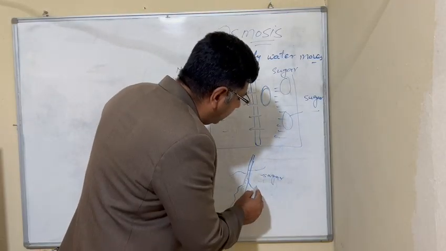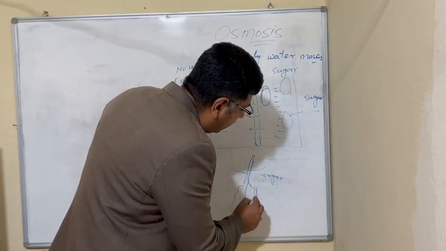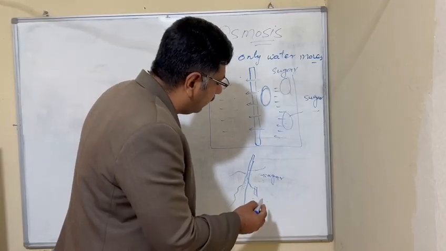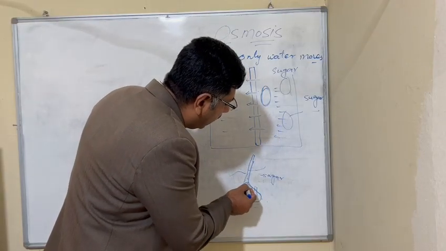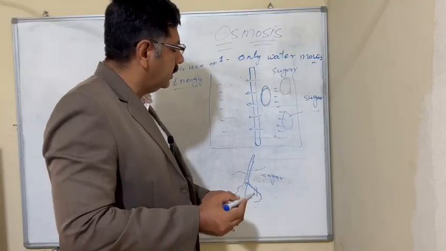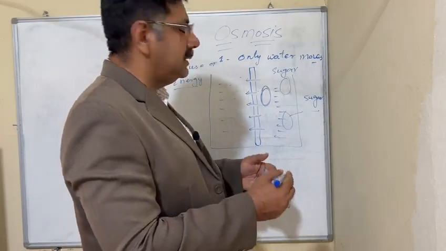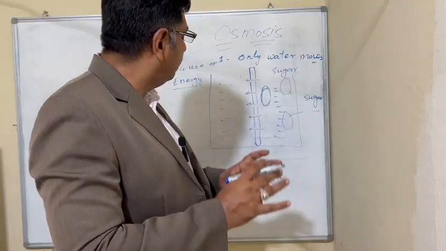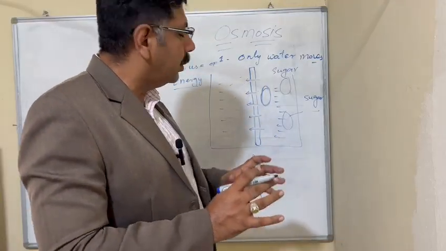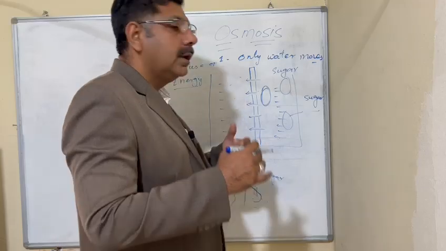Each cell has a cell membrane on it, and this cell membrane will allow water molecules to pass into the root. So osmosis has good significance for the water molecules to go on.